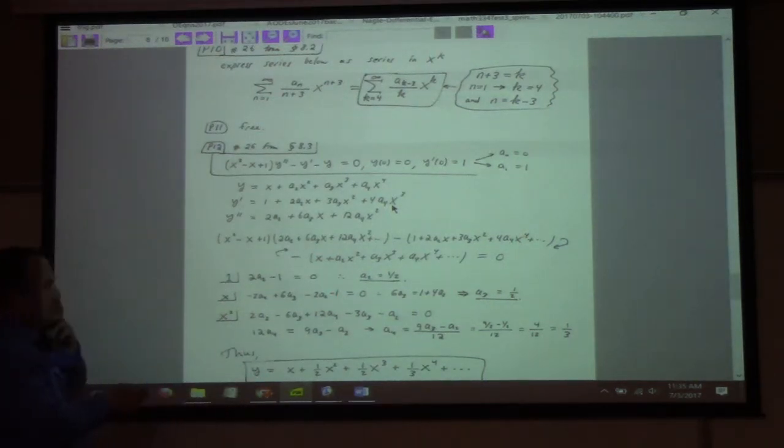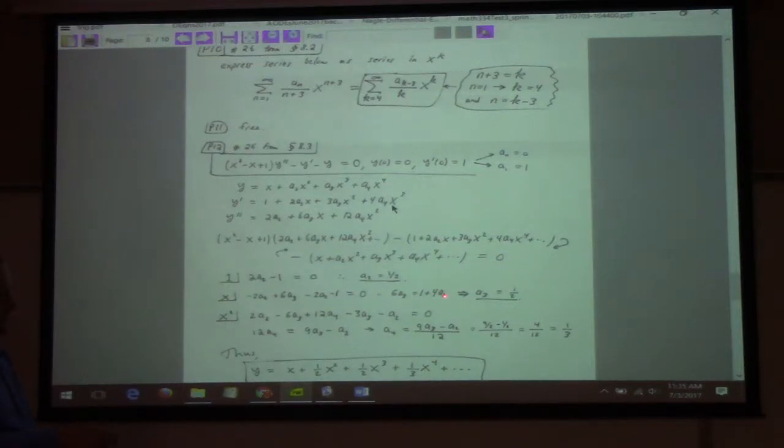All right, so I got 6a3 is 1 plus 4a2, but a2 is a half, so this is 1 plus 2, which is 3. 3 over 6 is a half. So a3 is a half.